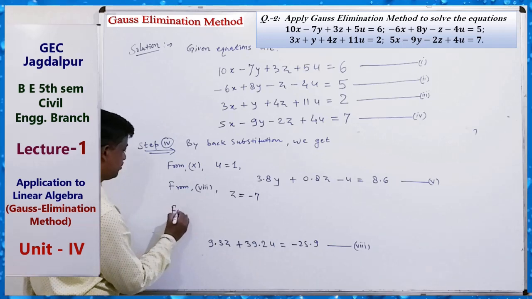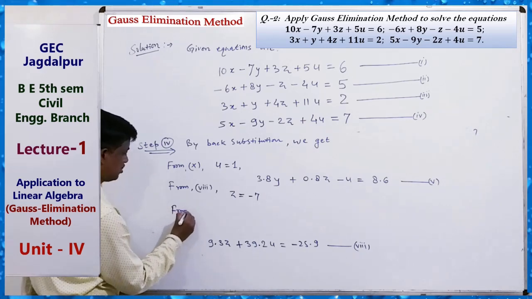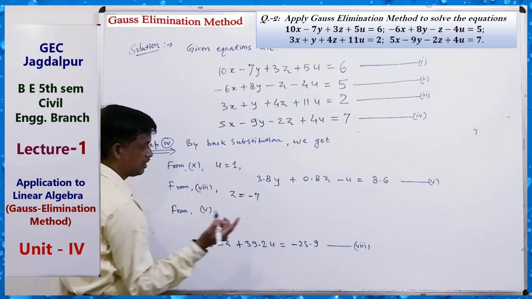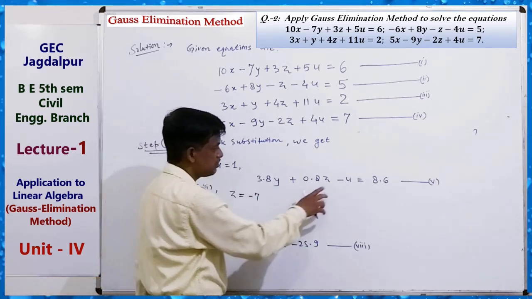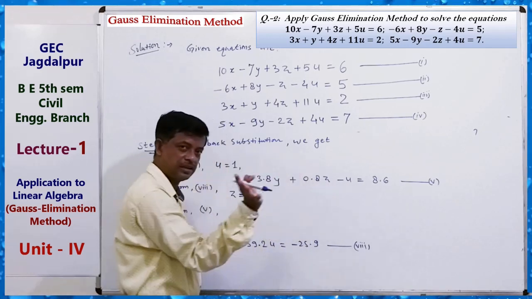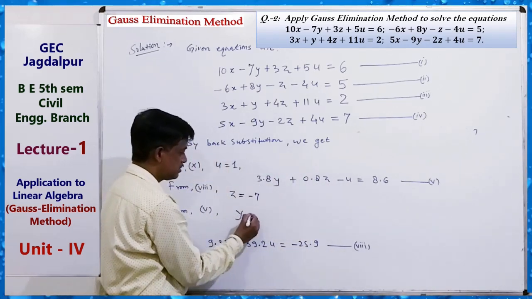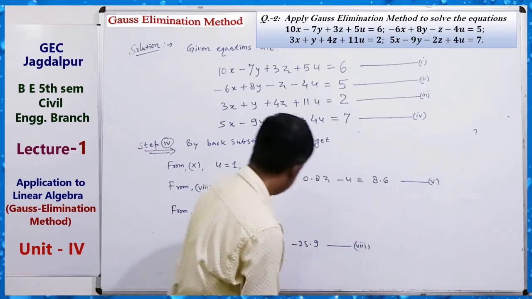And then from the 5th equation, put U equals to 1, Z equals to minus 7 here, and we can get the value of Y. Just calculate it: Y equals to 4.